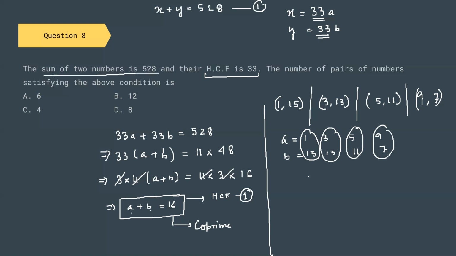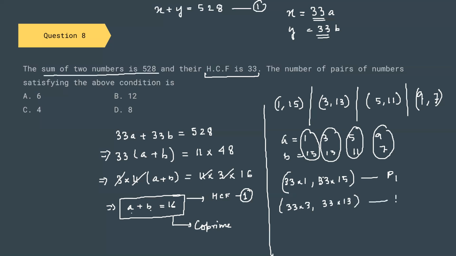And the possible values will be 33 into 1, comma 33 into 15. This is our pair number 1. Then 33 into 3, comma 33 into 13.